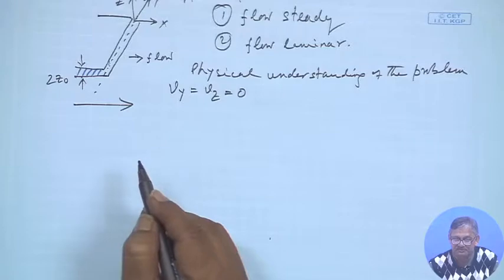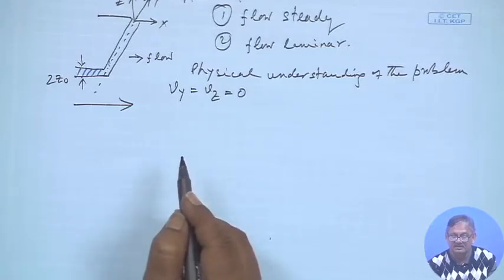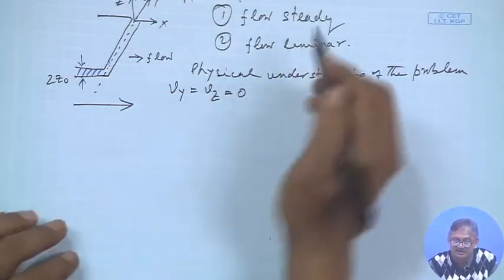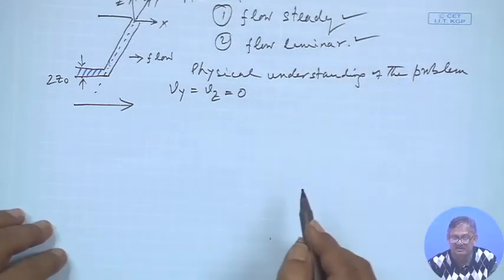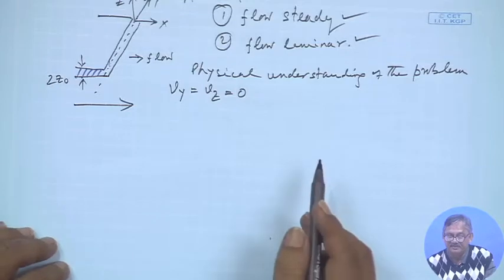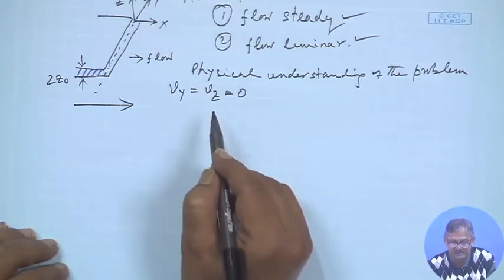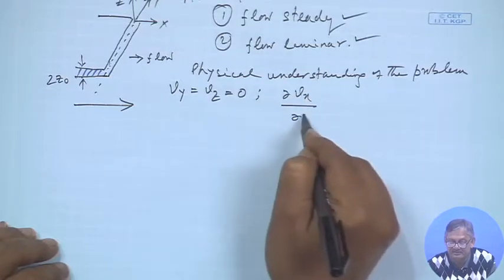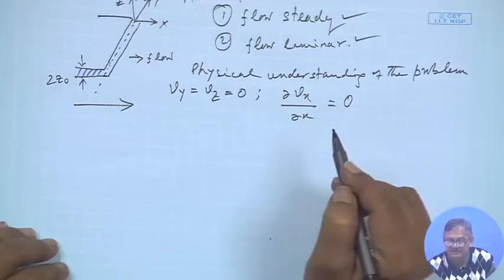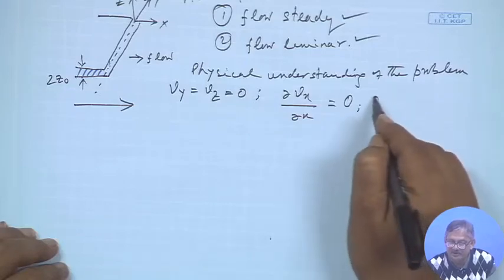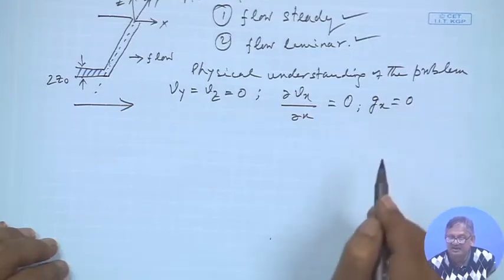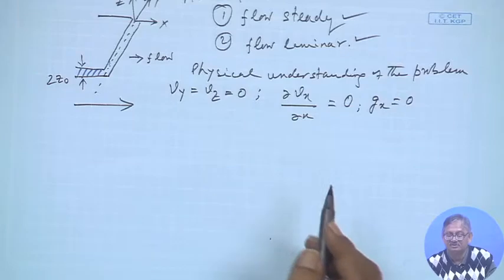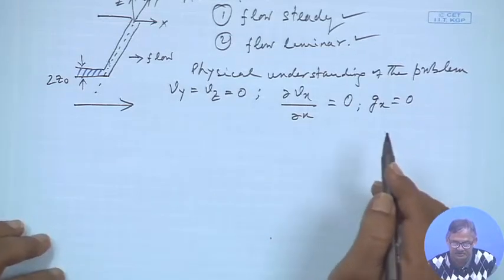If there is no flow in the y and z directions, only in the x direction, because it is steady, because it is laminar, right. So, if that be true, then Vy is equal to Vz is equal to 0, and there is no del Vx del x present, that is del Vx del x is equal to 0, and for all practical purposes we say that Gx is equal to 0, because the flow is in the x direction. So, Gx we can assume to be 0.